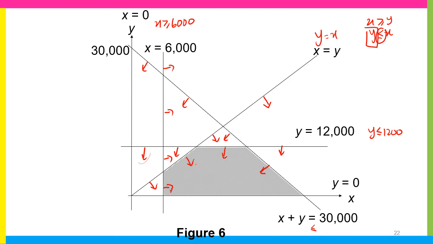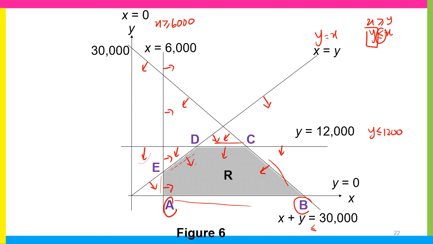So this feasible region, how many corner points does it have? Because we have 1, 2, 3, 4, 5 sides, so we should have 5 corner points, which we can represent as A here, B here, C, D, E. Okay, so for A, B, it is really obvious because it's just the intercept.